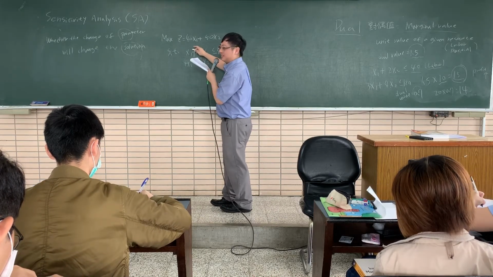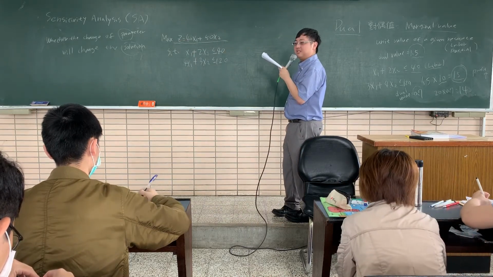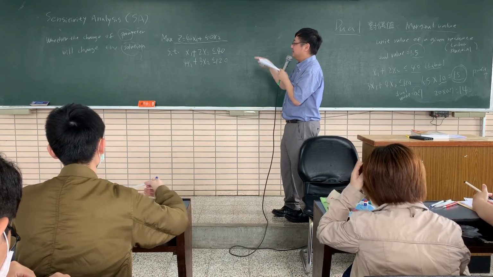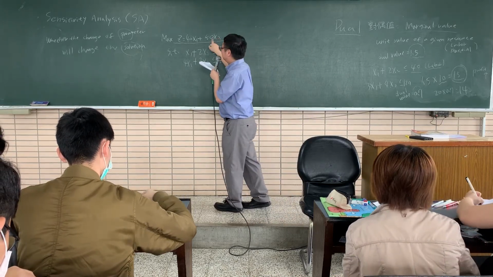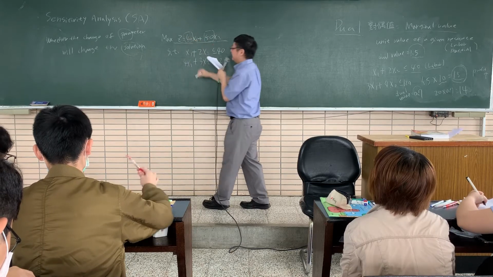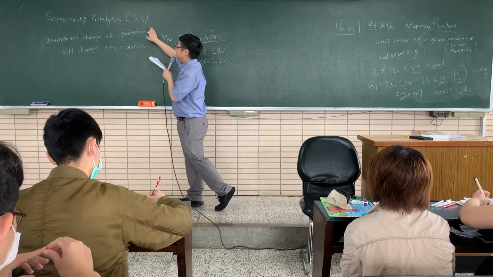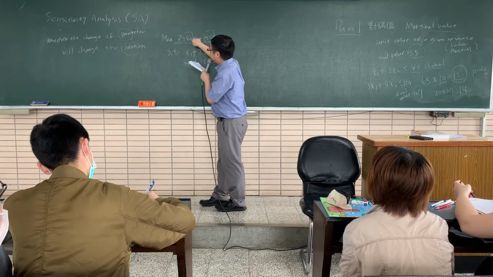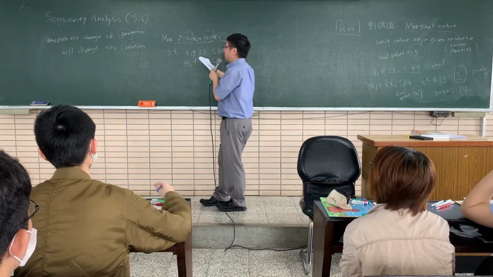How many parameters do we have in the objective function? 在目标函数中，它所谓的参数是什么？Is this one? No, that is a variable. Is this one? Yes, this is a parameter. So in linear programming, if we focus on the objective function, we see whether the change of the coefficient, or the unit profit for each product, will change the solution.